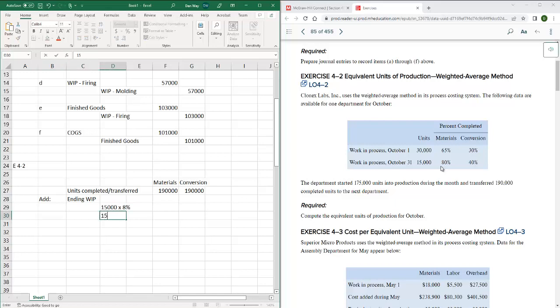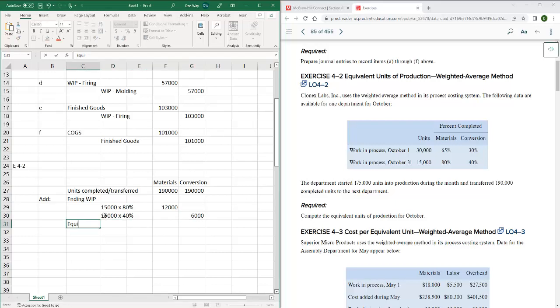With respect to conversion, it's the same 15,000 physical units, but they're only 40% complete with respect to conversion. Oops, all kinds of typos here. I'm just going to leave that in because I don't mind looking human for a moment. Okay, so we'll do the math out here. We're saying 15,000 again times the 80% with respect to materials. Over here for conversion, 15,000 times that 40%, and there we are with 6,000 equivalent units.